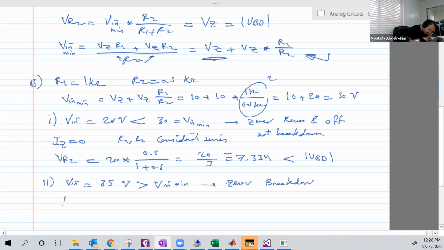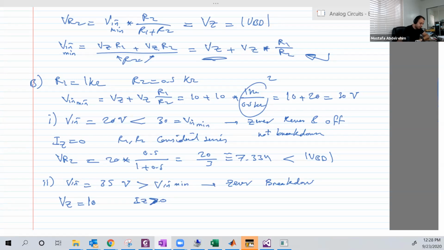And with that, V zener is equal to 10 volts, which is the breakdown voltage. And I zener should be larger than 0, because it will be equal to 0 only if V input equals V input minimum. But this is greater than V input minimum. Okay, how to calculate this is very easy.